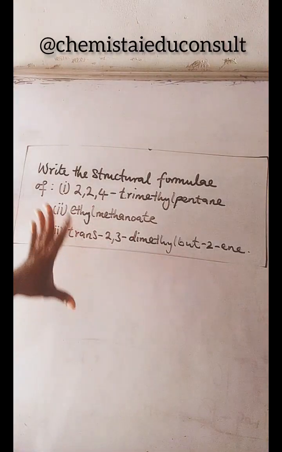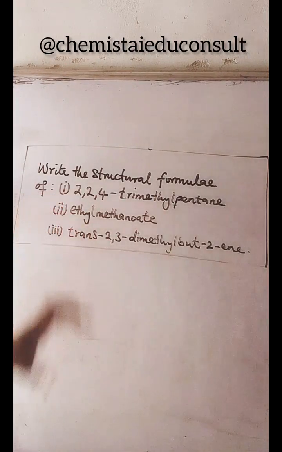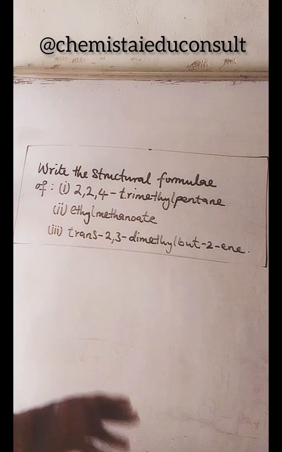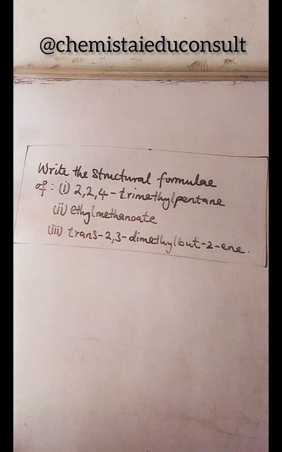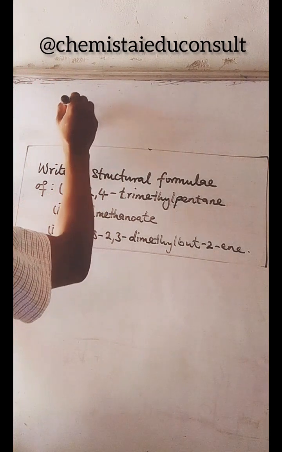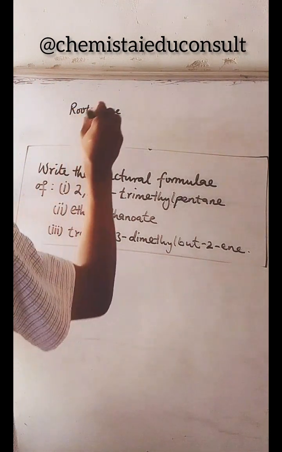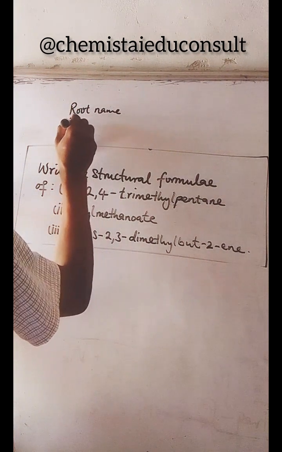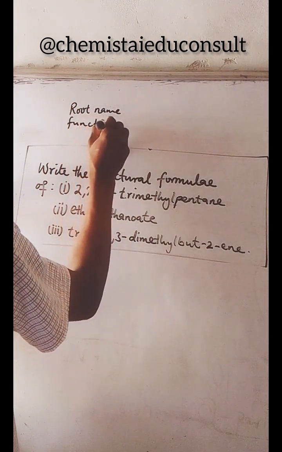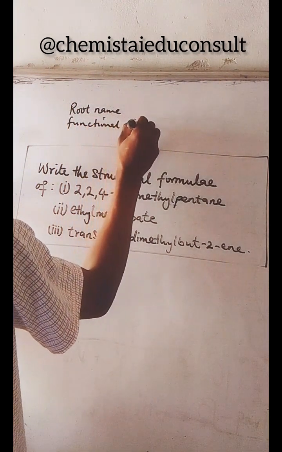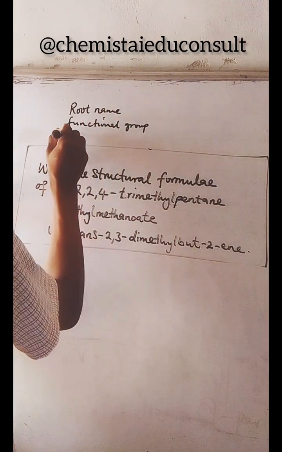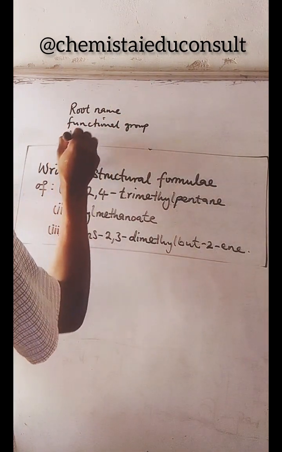Now, to draw the structural formula from the name of a compound, you should note the following: the root name, the functional group, and then the alkyl branch.